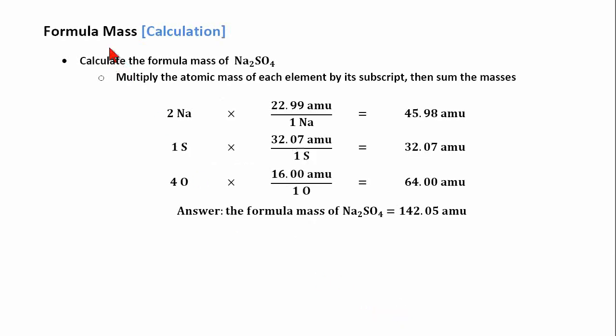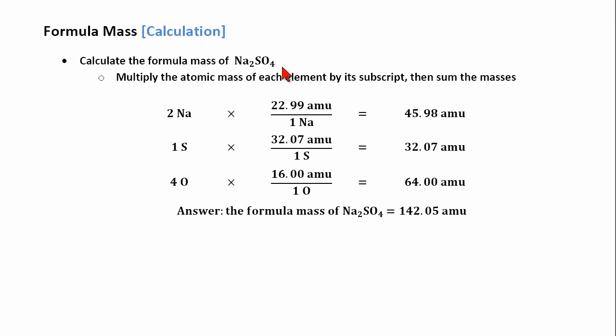To go to formula mass calculations, let's take a look at Na2SO4. And Na2SO4 is just simply sodium sulfate, and you can see that from your periodic chart of ions. This happens to be a polyatomic ion bonding with sodium.